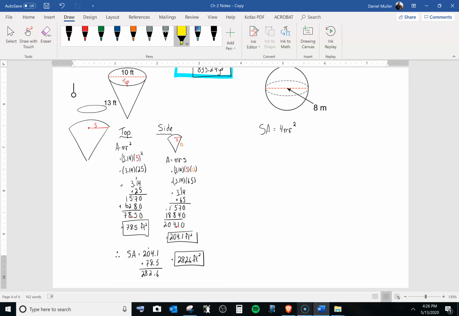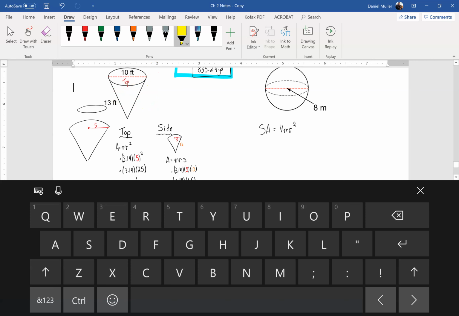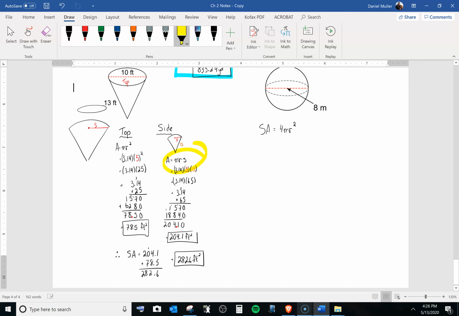Then we had the side, or the body part of this cone, and that formula is something new, pi r s, where r was 5, the radius, and the slant height was 13. And we just multiplied that. 5 times 13 is 65, and times that by 3.14. And we got 204.1, and then we just added both of those together.